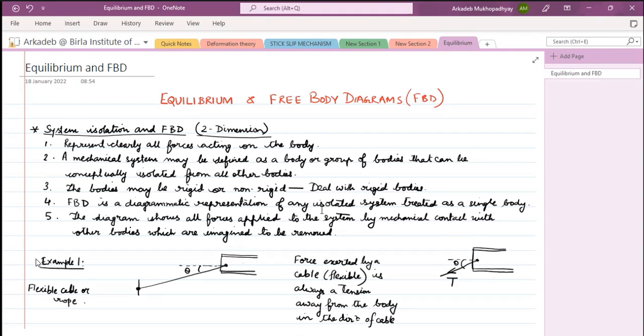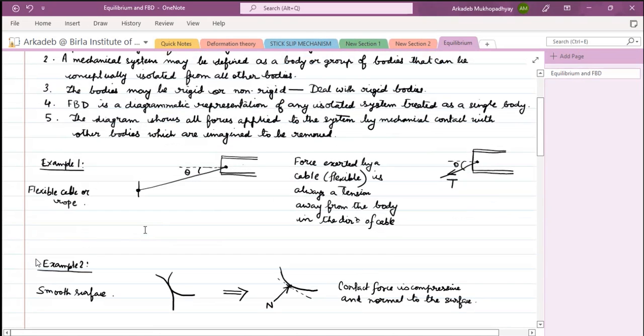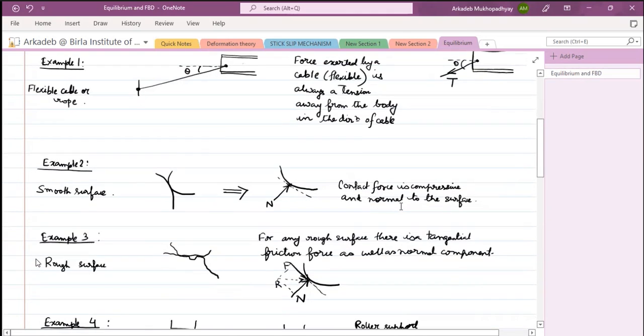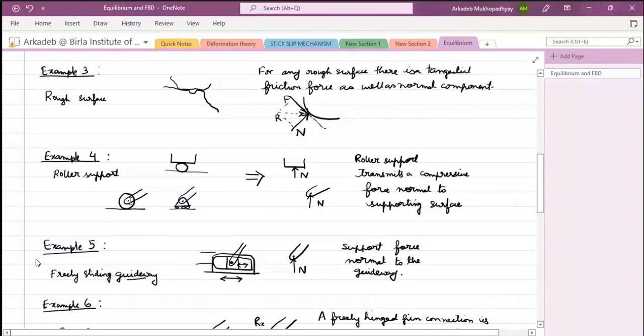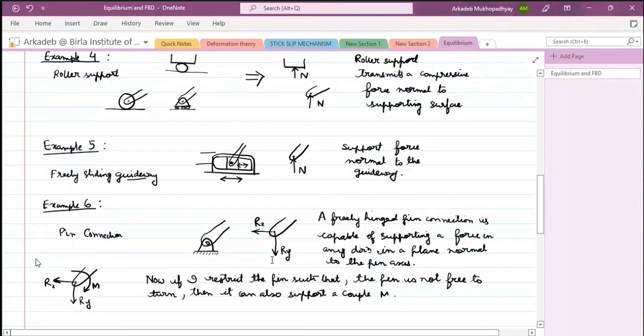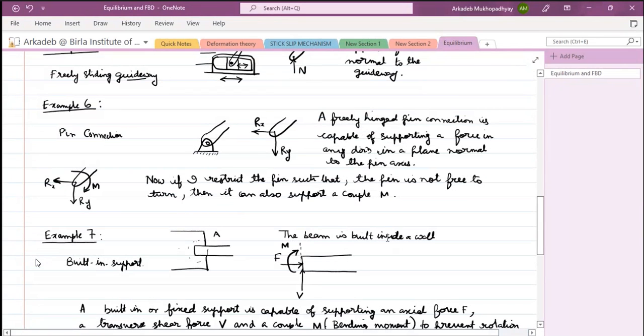Then we saw free body diagram for flexible cable or rope, the tension acting because of that. For a smooth surface in contact, for rough surfaces in contact, for roller support, for freely sliding guideway, for pin connections, for a built-in support. With the example of a scale, I have shown you how this pin connection or how this built-in support works.